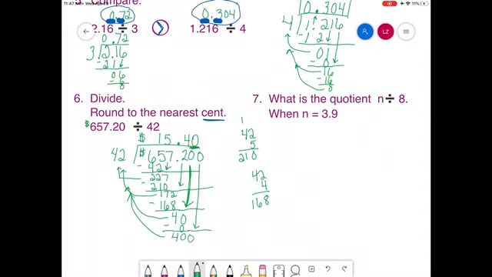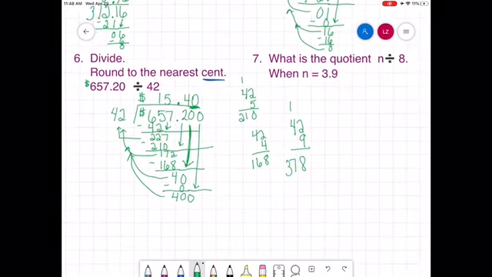Now we have 400. 42 definitely goes into 400. About how many times do you think it's going to go in there? Let's try. It's almost 10, right? 40 would go into 400 10 times. So let's try 9. 18, 36, 37.